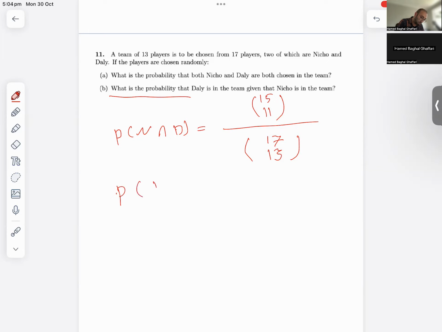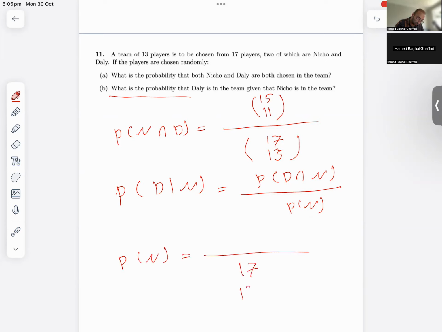By the definition of conditional probability, it is the probability of the intersection divided by the probability of N. We already know the value of the intersection, so we need the probability of N. The whole scenario is 17 choose 13, and the desired space is where Nico is in the team, so the rest of the scenarios is 16 choose 12.